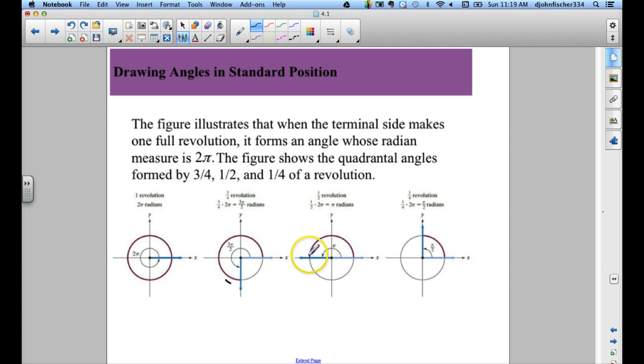Halfway around the circle is pi, and 1/4 of the way around the circle is pi over 2. So we get our 4 quadrantal angles: pi over 2, pi, 3 pi over 2, and 2 pi. You will have to memorize these values and know how to find them.